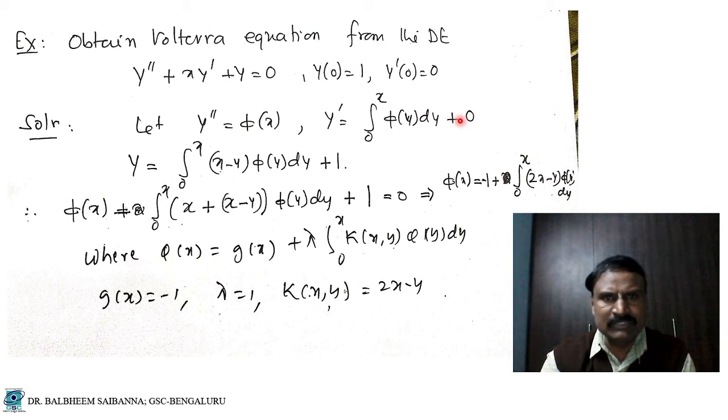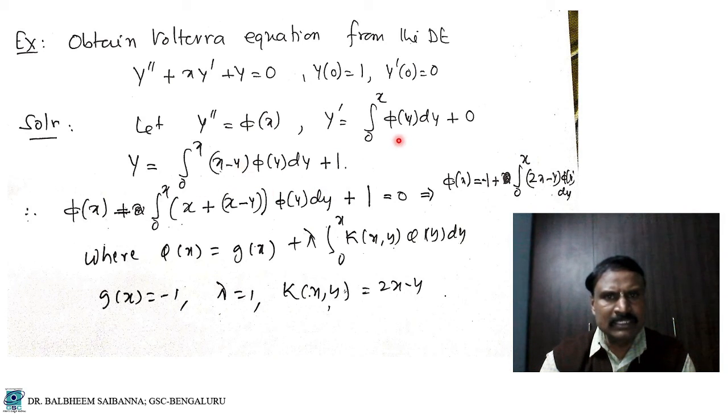Here we found the c1 value, this is the c2 value. Then x is equal to 0 means y of 0 is 1. We are substituting this value here. Then the given differential equation you write in this form, phi of x plus x as it is, y dash is here, y dash is integral 0 to x phi of y dy plus 1.